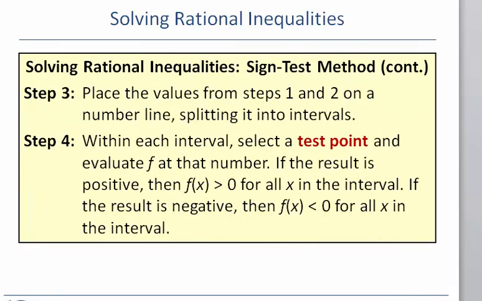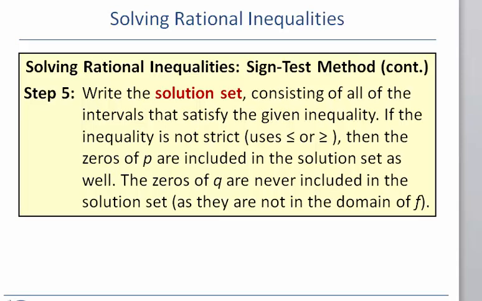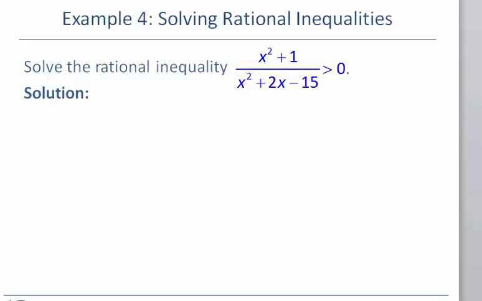We need to place the values from steps 1 and 2 on a number line, splitting it into intervals, and then choose test points to evaluate the function at each of those intervals. The last step is to write the solution set, consisting of all the intervals that satisfy the given inequality. Now, as always, as we work an example, we'll reference back to these steps.